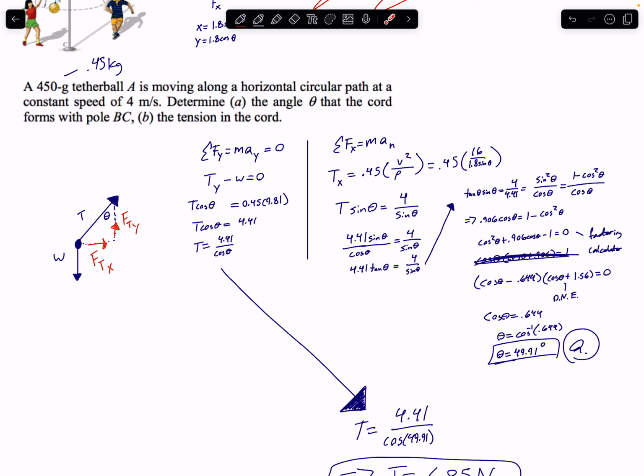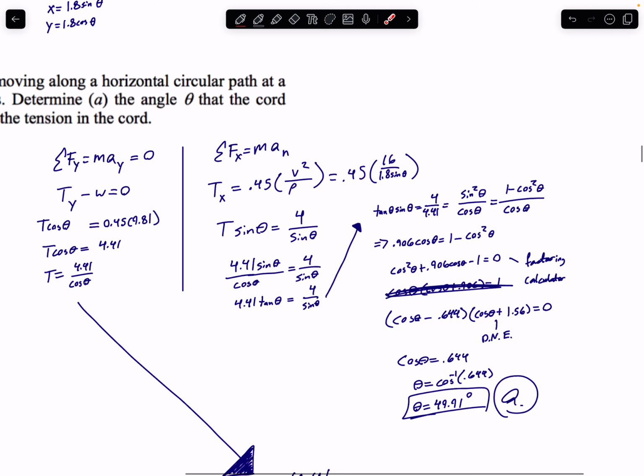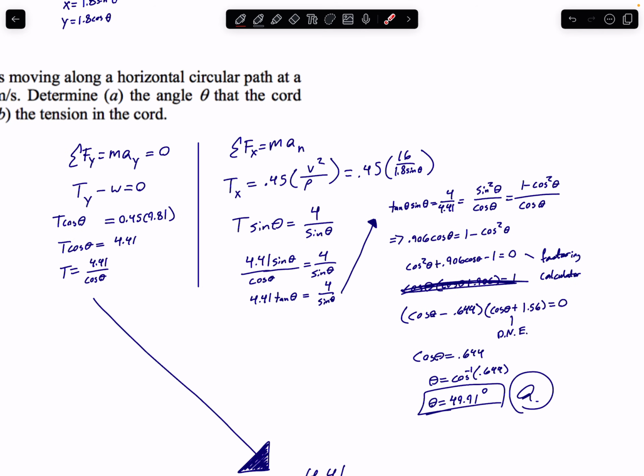So we know that the y forces must cancel out, and since there's only 2 of them, they must be equal to each other. So we know that ty, which is equal to T cosine theta, is equal to the weight, which is 0.45 times 9.81, and we can get a value for tension, at least a placeholder for tension at the moment until later.